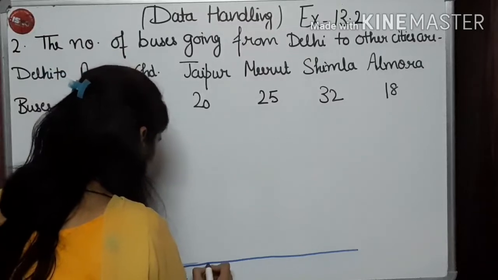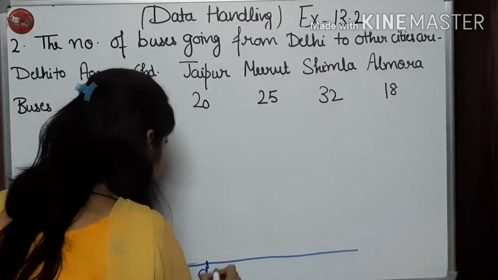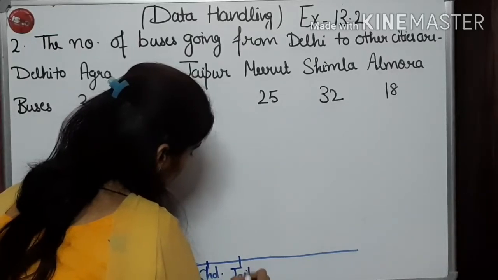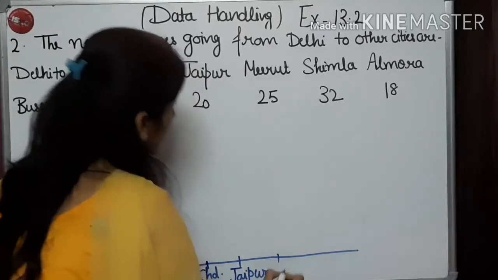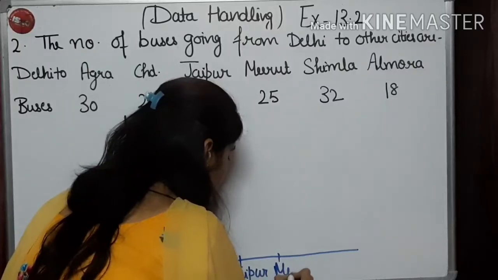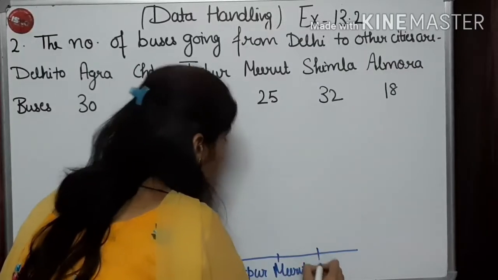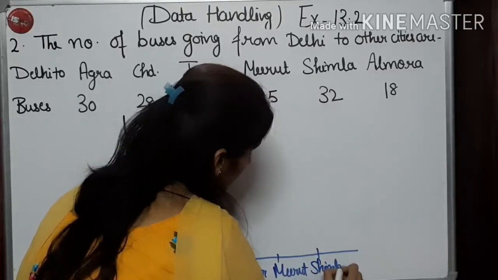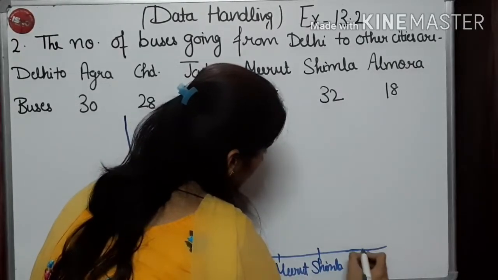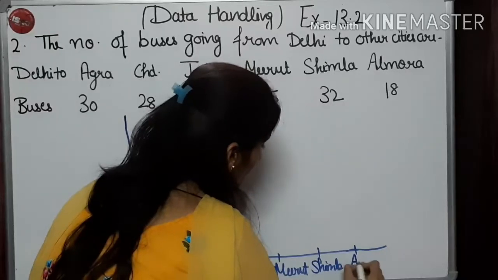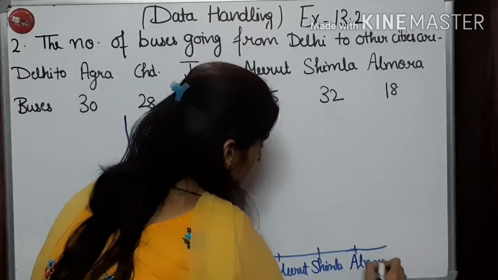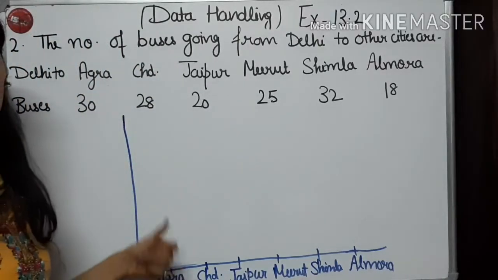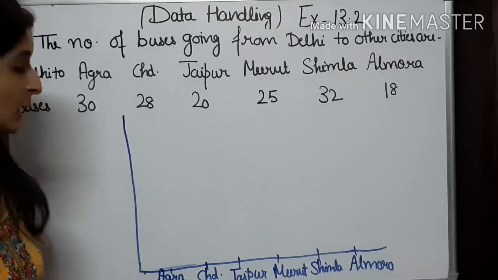Then we have Chandigarh. After that, Jaipur. Then Meerut. And then Shimla. And at the last we have Almora. Okay, and on the vertical axis I am going to write the number of buses.